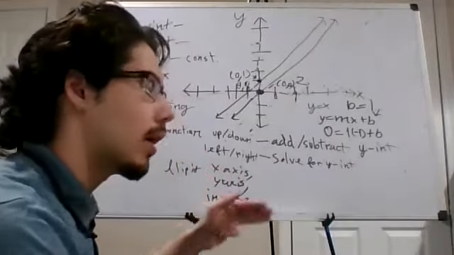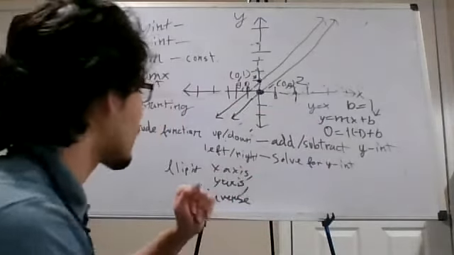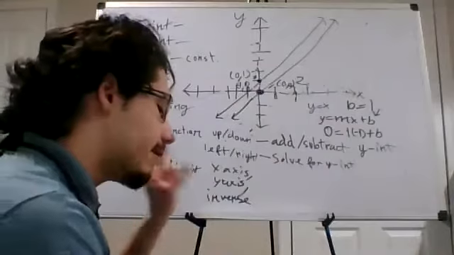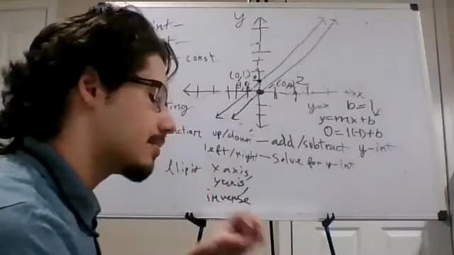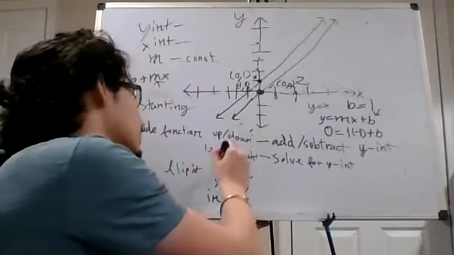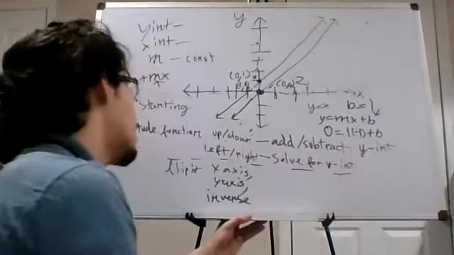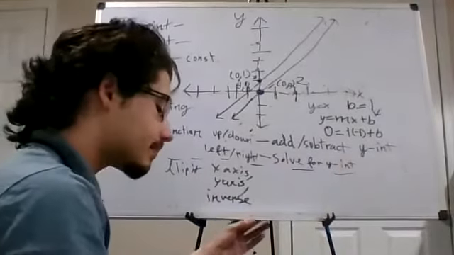And there will only be one or a few answers that would qualify. And the fact that there would be different answers would sometimes depend on the next form of moving a function, which is by flipping it.